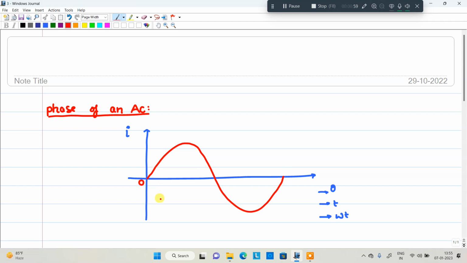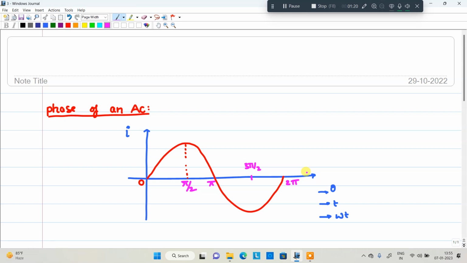So it is 0, it is pi by 2, it is pi, it is 3 pi by 2, and it is 2 pi.